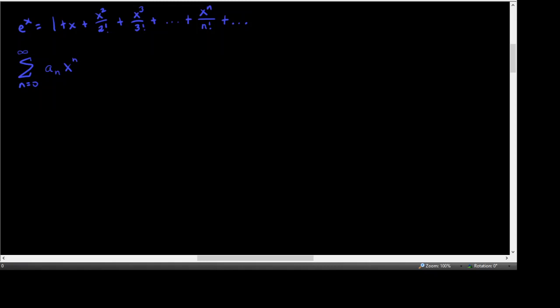And you can also have something that looks like that. It does not have to be centered at c equals 0. That one is the one that I wrote first, but it doesn't have to be. It can be any coefficient that we want to describe. And by the way, the coefficient in that series for e to the x is that division by n factorial.